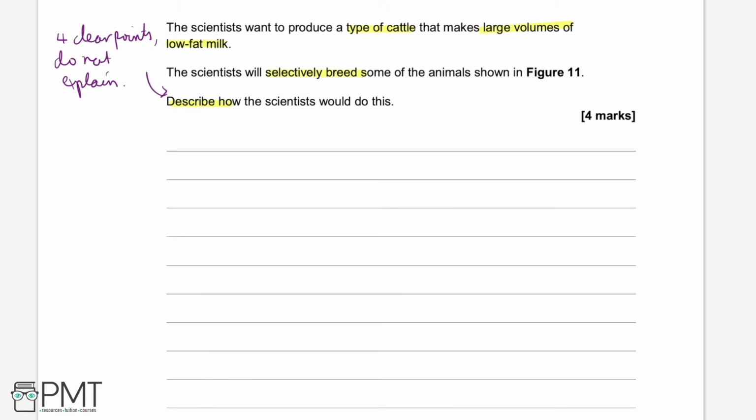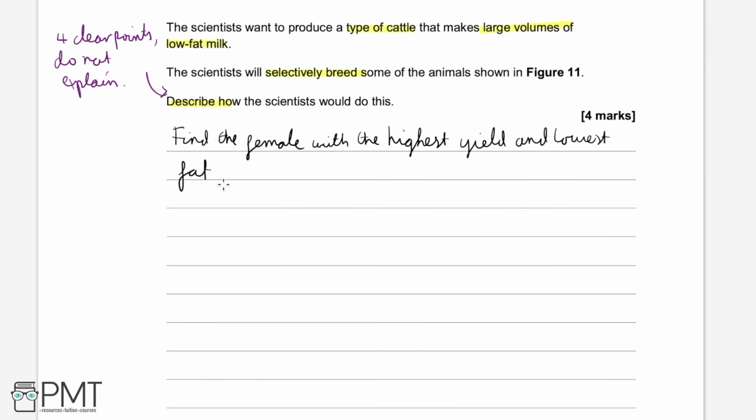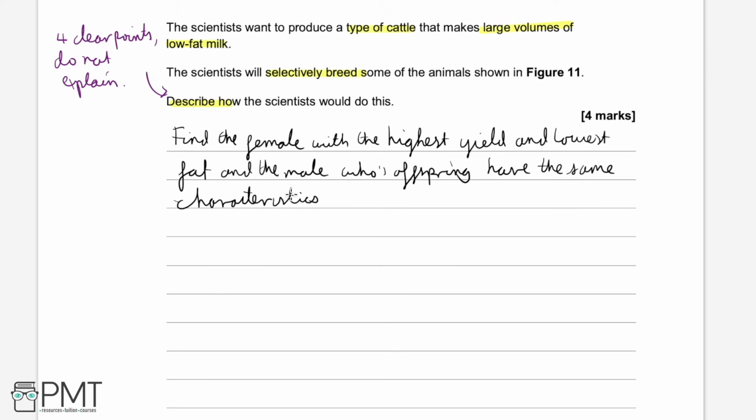So let's write this down in 4 clear points. Well, first of all, we want to find the female with the highest yield and lowest fat milk. We then also need to find a male whose offspring have the same characteristics. Next, we want to cross these individuals.